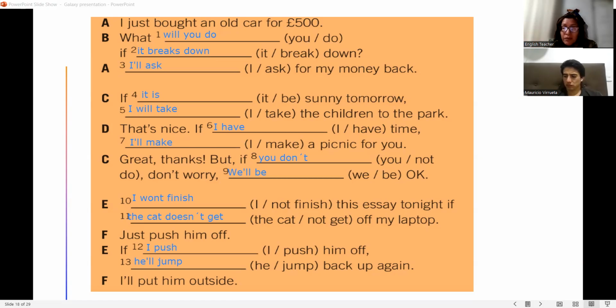Is it clear, this kind of conditionals? Okay. For example, with obligation, you have to use present. It's a zero conditional. For example, if you go to the cinema, you have to turn off the cell phone. So that is the condition, no? Or if you go to this museum, you cannot take photos with flash.